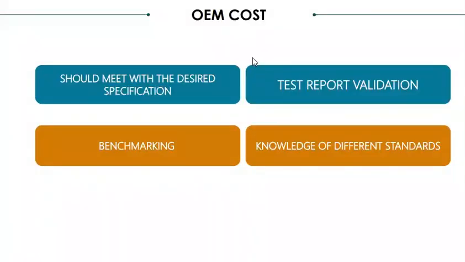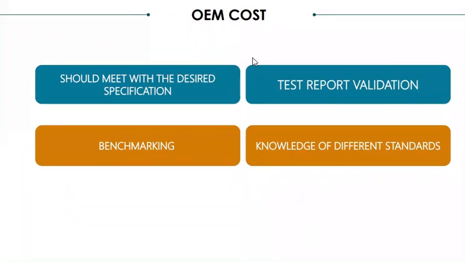So what should we expect from the OEM cost? Okay, let's discuss it. First one, the parts that you are purchasing from the vendors should meet your desired specifications, whatever your cart belongs to. Don't purchase the parts that won't fit in your cart, right? So just go through the specification first, then purchase the part. Again, there's test report validation.